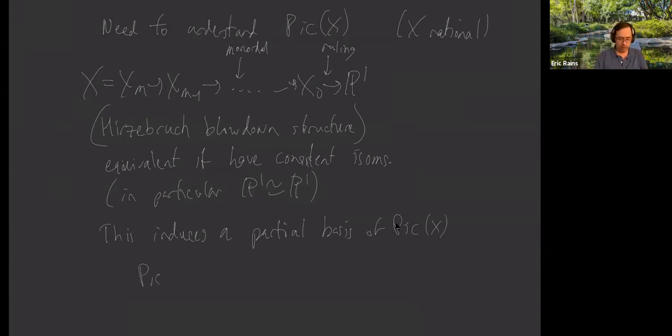So Pic of X is Pic of X naught plus multiples of the first exceptional divisor, the exceptional divisor of X1 to X naught, plus multiples of the second exceptional divisor, and then finally multiples of the last exceptional divisor. And this is just standard stuff in that section of Hartshorne on surfaces. Okay, so to understand the Picard group of X, we just need to understand divisors on X naught.